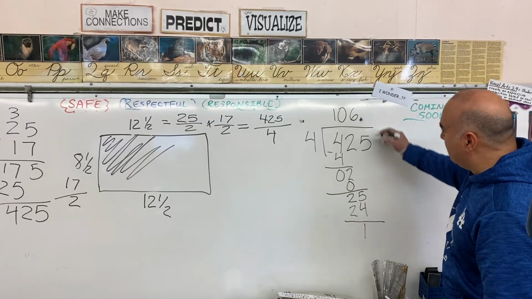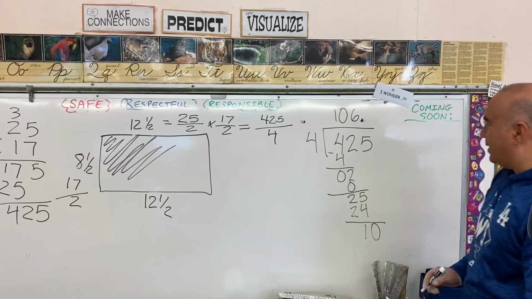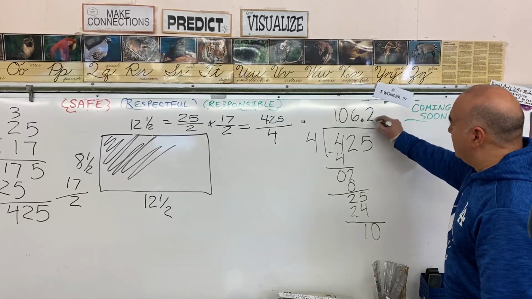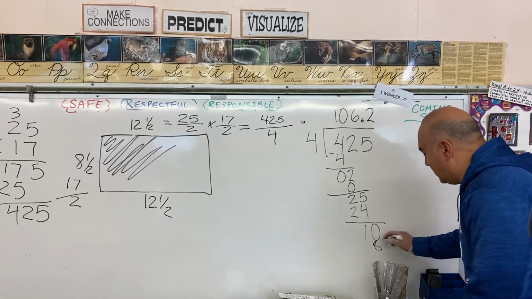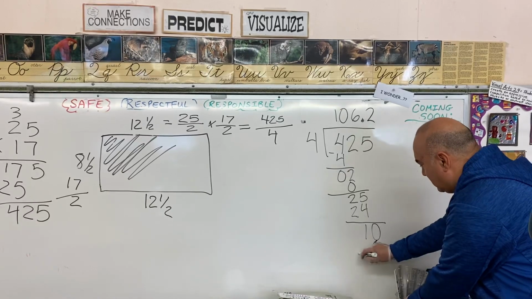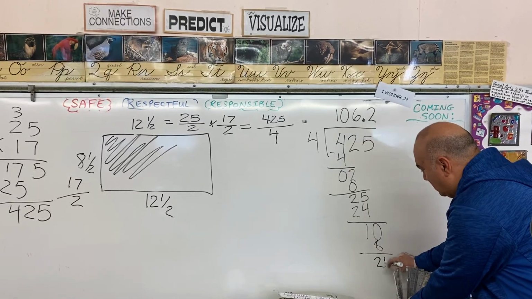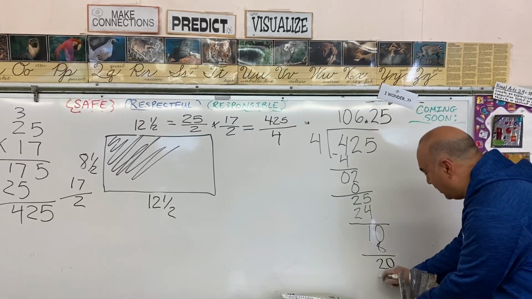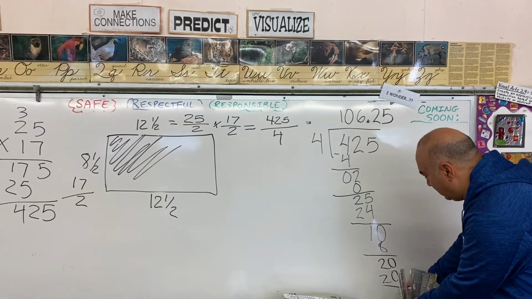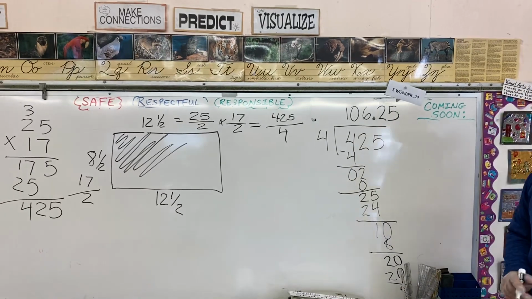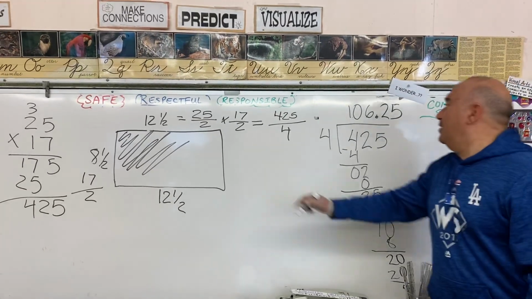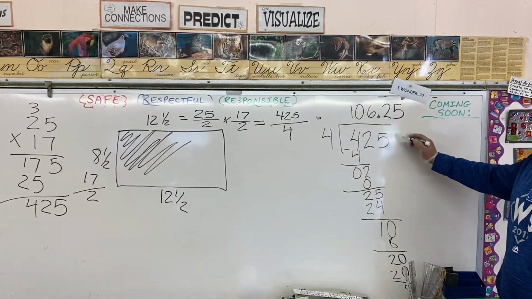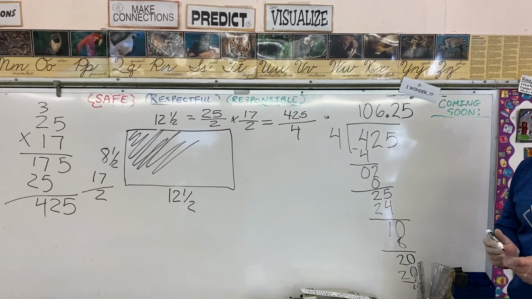Now I can put a decimal. I'm going to make this a 10. 2 times 4 is 8. Five times 4 is 20. So the area of this rectangle is 106.25 square feet.